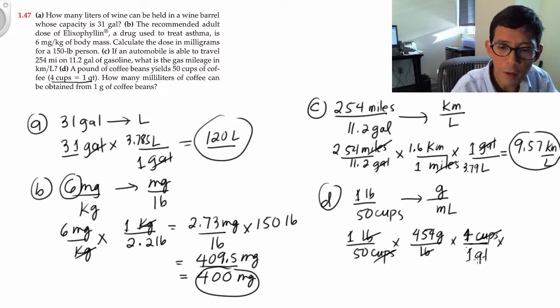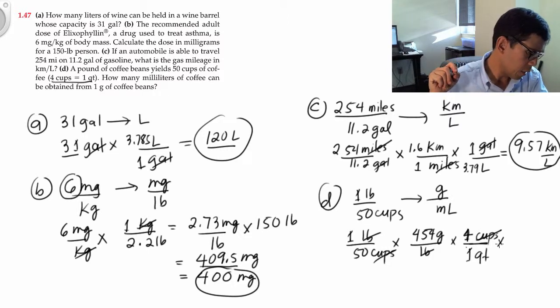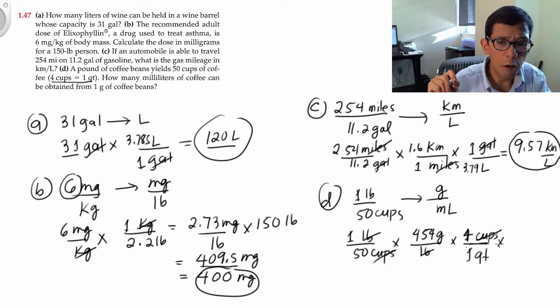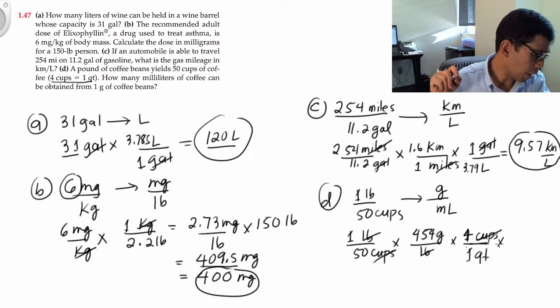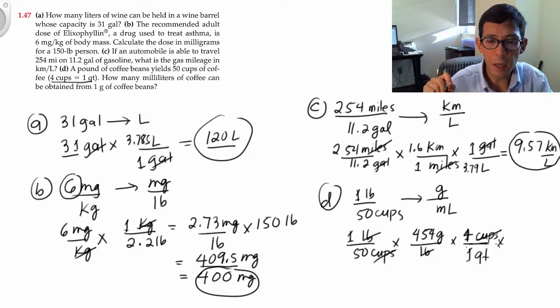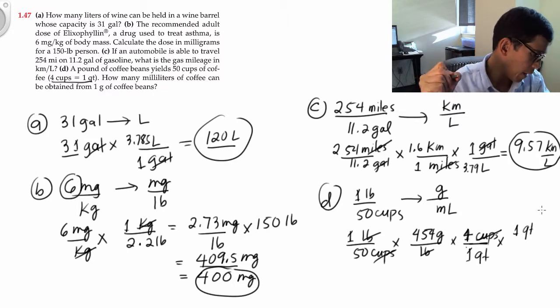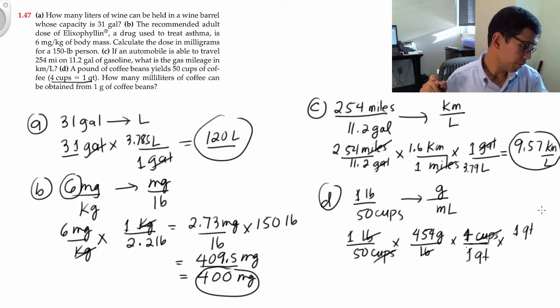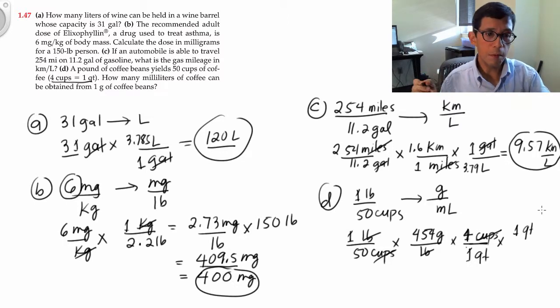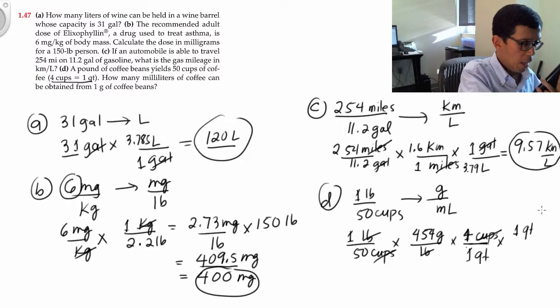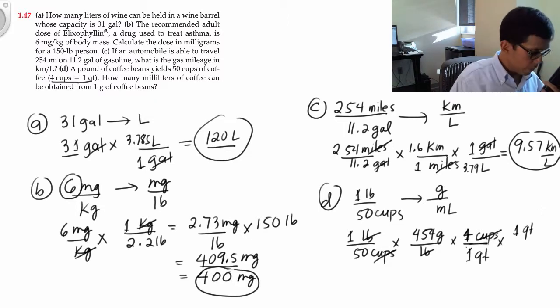And finally, we convert quarts to milliliters. And what is the conversion? The conversion is, there are 3.79 liters in a quart... no, that doesn't make sense.